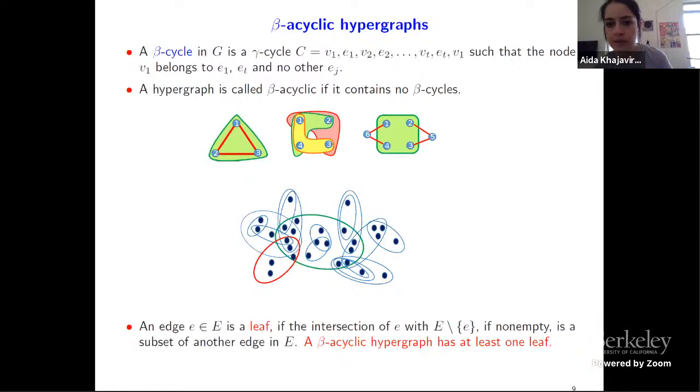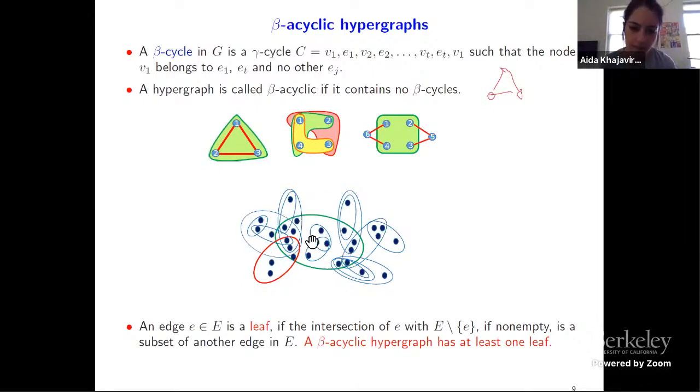But in the case of a beta cycle, every node should be in exactly two edges and no other. So now you can finally think of the usual cycle that we think of. A triangle, for example, is a beta cycle. And we have more examples here. Now, a hypergraph that has no beta cycles is called beta acyclic.